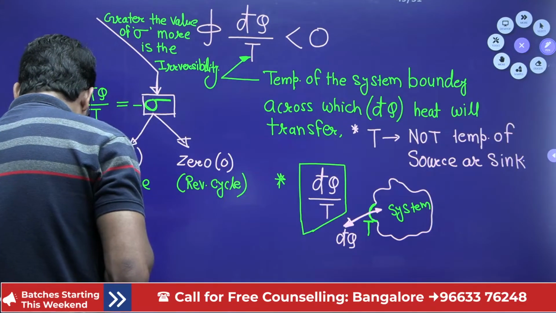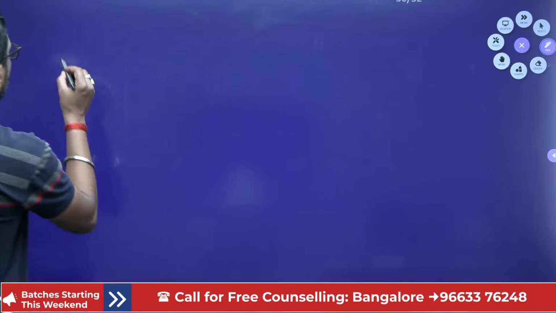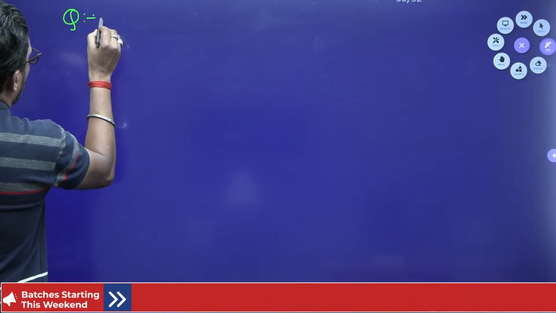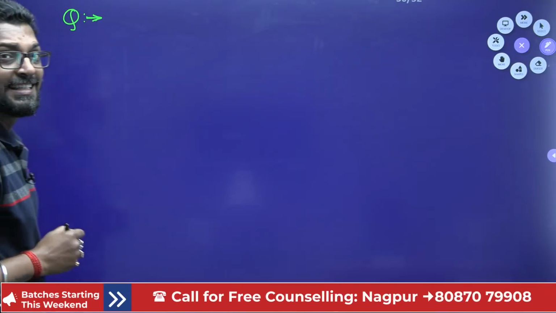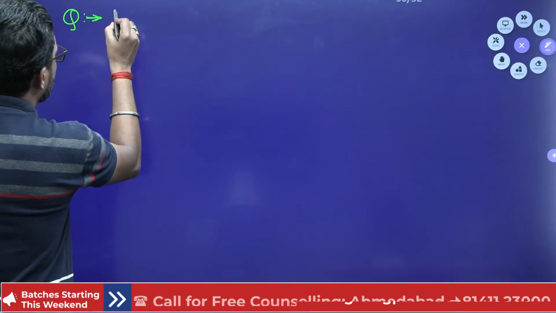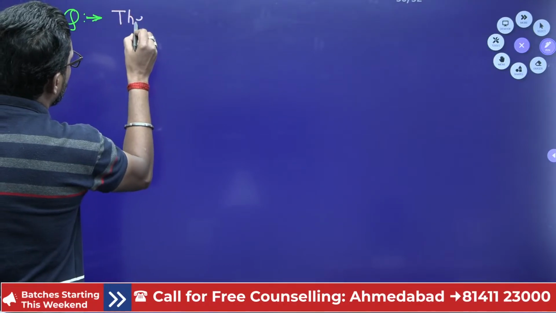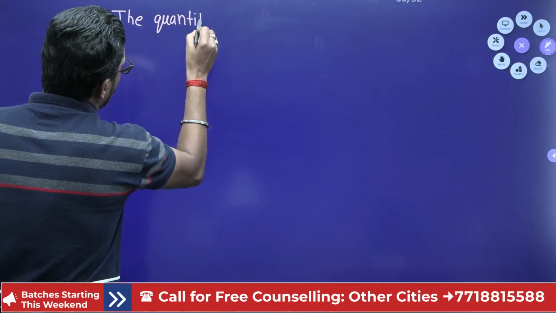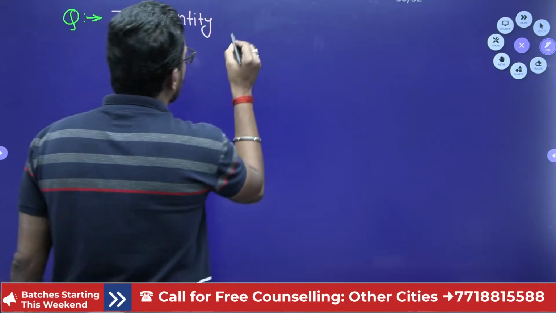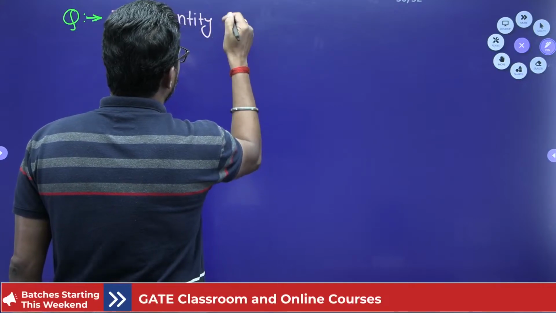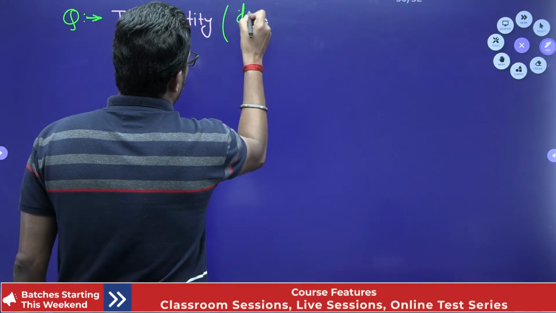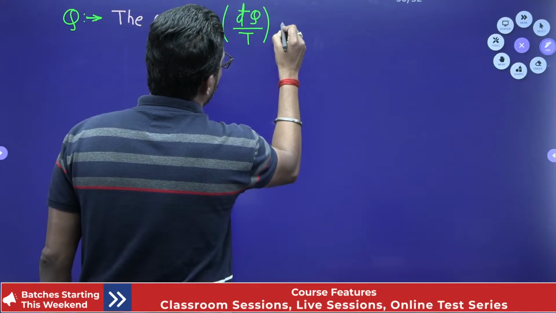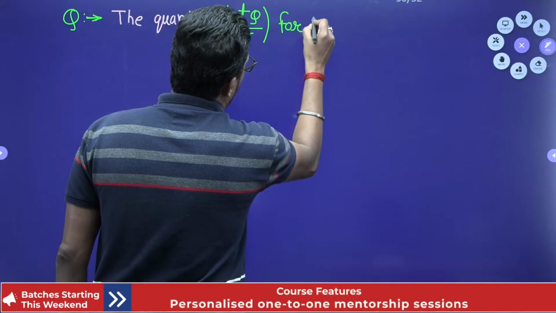Now, this is for the cycle. My question is, what is this quantity dq by T for a process?